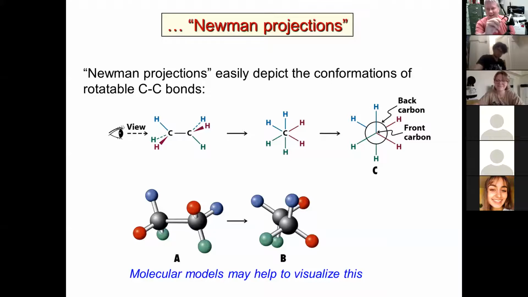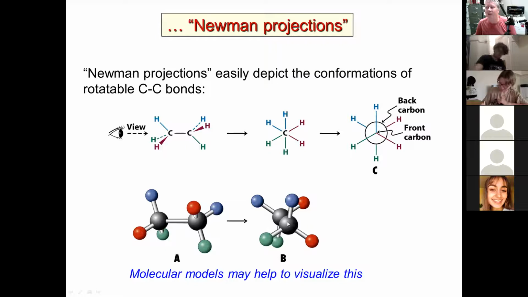So I'm probably going to have to skip my models for this, but if you have your models, you can try to follow along. This down here shows us the perspective of the Newman projection. This is the close carbon, that's the far carbon, right? This is what we're seeing up here, and this is another way to show it, and your models are a great way to see this too.